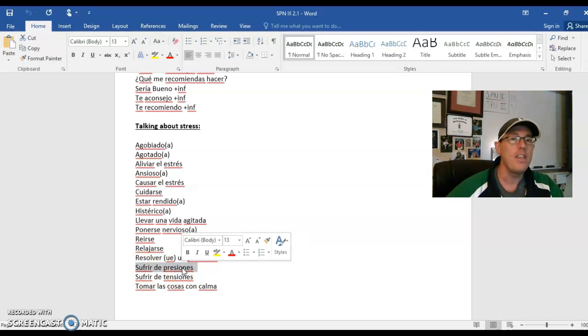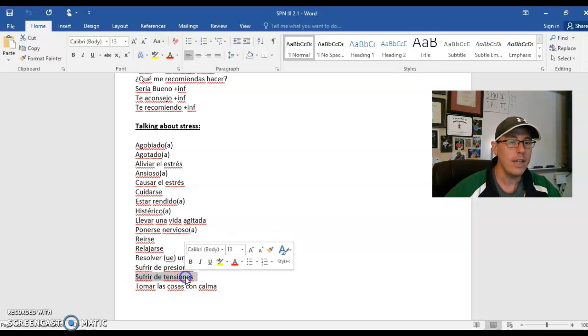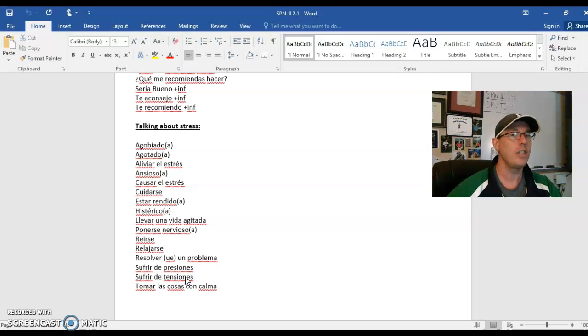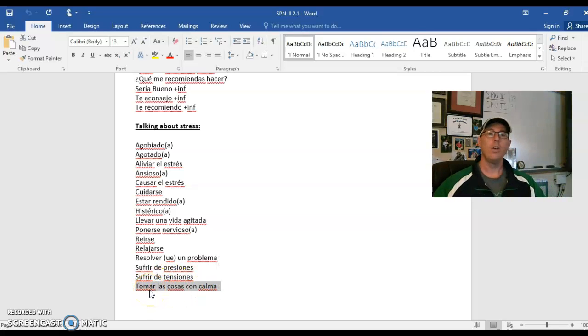It's to feel pressured. Okay, so it's a slightly different connotation. Sufrir de tensiones looks like it should be to suffer tension, but it just means to be tense. Tomar las cosas con calma, all right? It's like to take things with calm is the literal translation. It just means to be a calm person, to be laid back, etc.